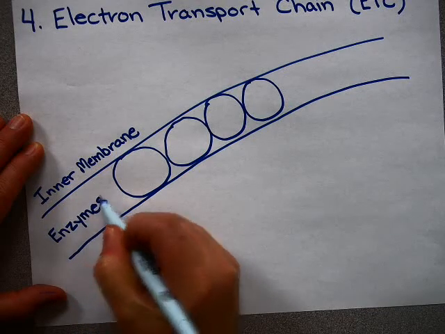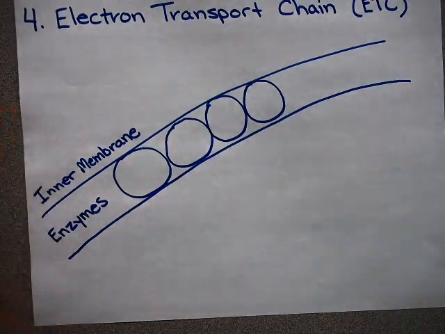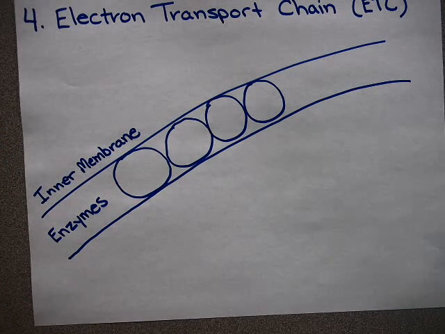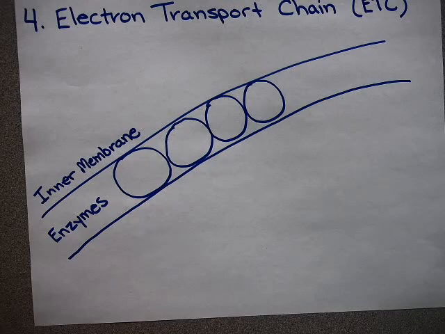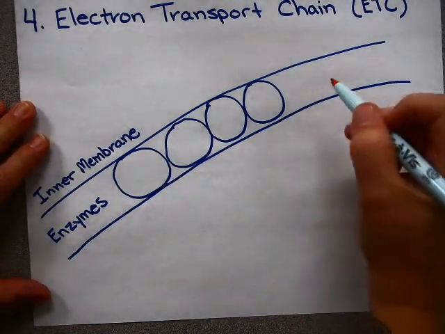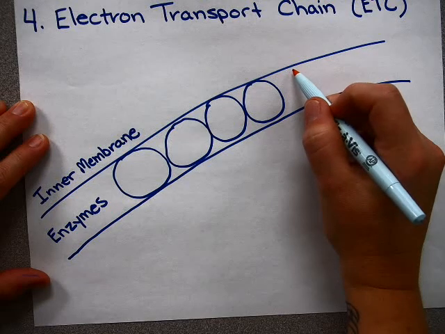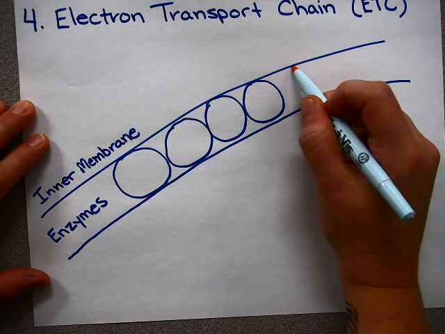Remember, one of those enzyme complexes in there is the one that cyanide poison inhibits. One of them. From my drawing, you can't tell which one, but that's okay. All right, I did 4 circles. Those portray the enzyme complexes. Then I'm going to make a very special one on the end.